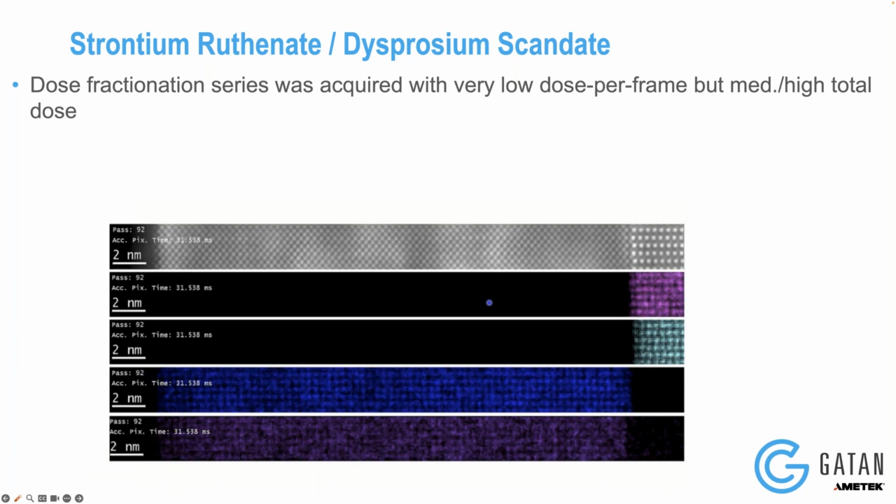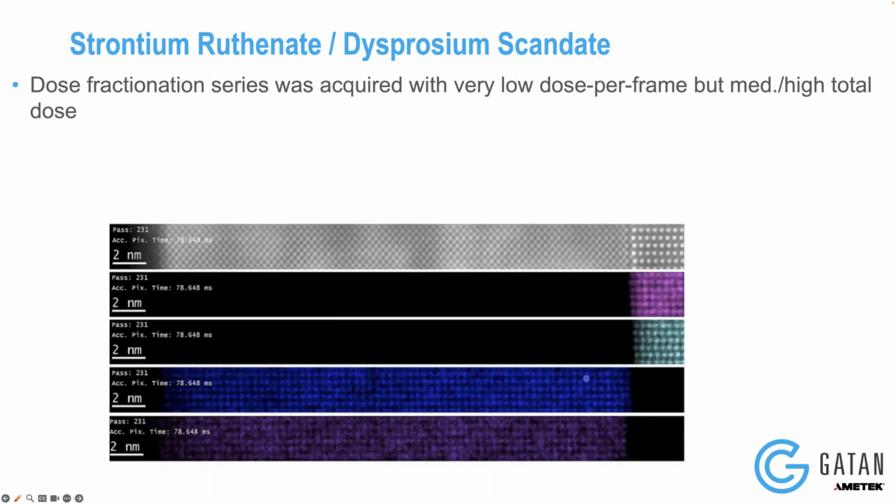That's useful because it allows us to figure out how many of these frames I need to get atomic resolution in my scandium or atomic resolution in my ruthenium. And obviously those numbers are going to be different. We're going to get high spatial resolution and high SNR in the low energy loss signals first, right? But in the context of damage, we don't necessarily want to sum the whole thing, right? Because maybe it's damaged by pass 20 or maybe it's damaged by pass 30.